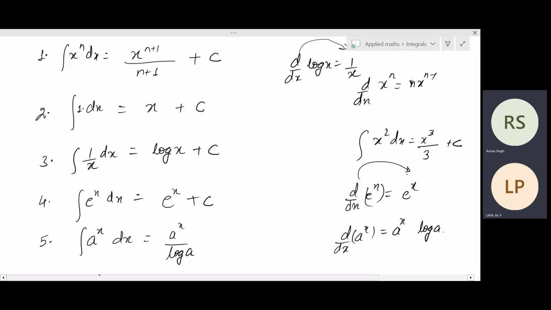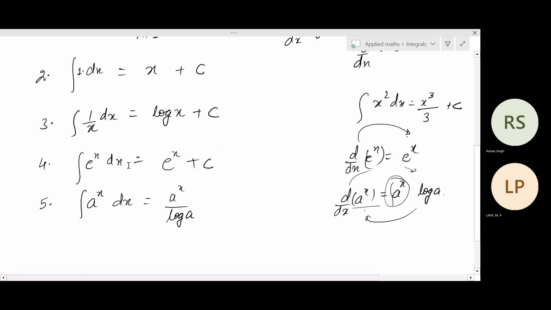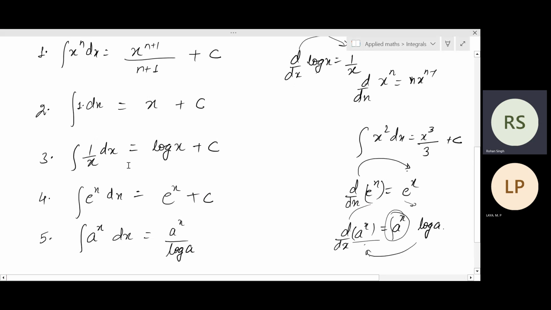If I shift this to the right hand side, this will become integration, and this log a is a constant, so you can take log a to the other side and divide. So the integration of a raised to the power x will be a^x over log a. All right, so these are the basic five formulas that we need right now to get through the first exercise.